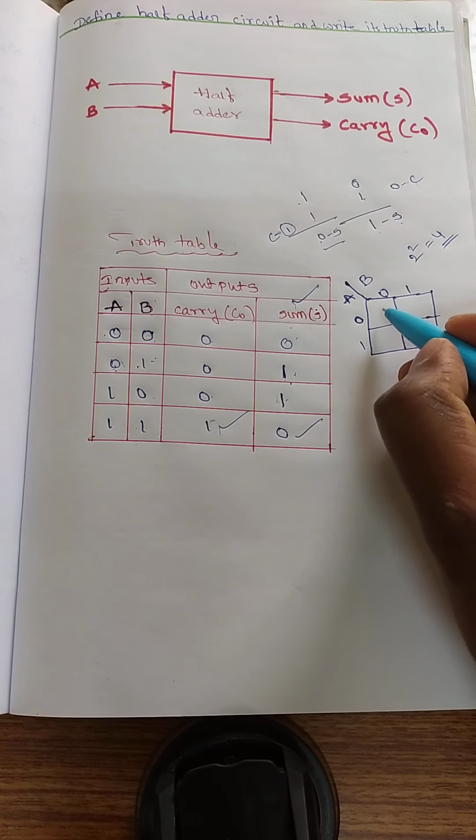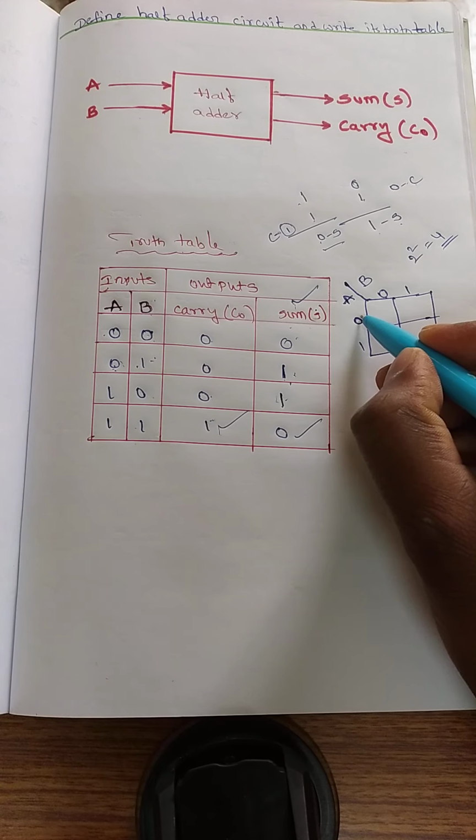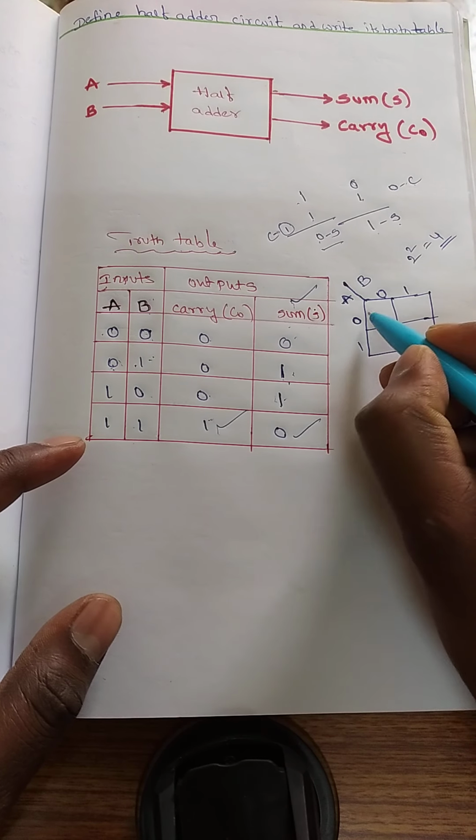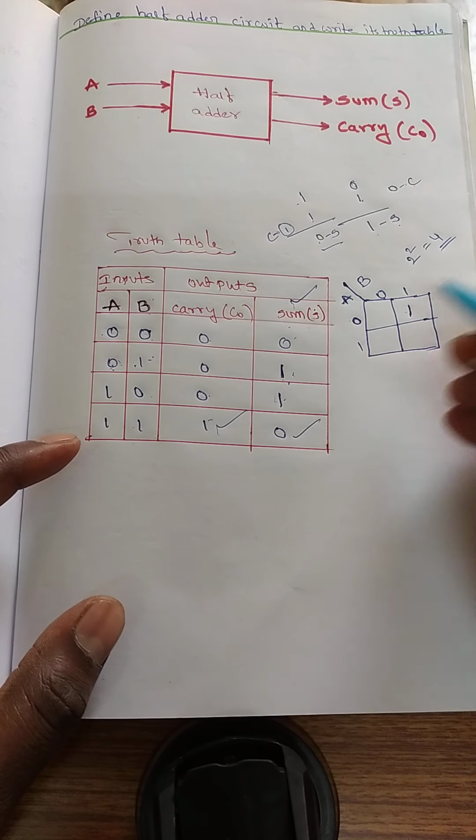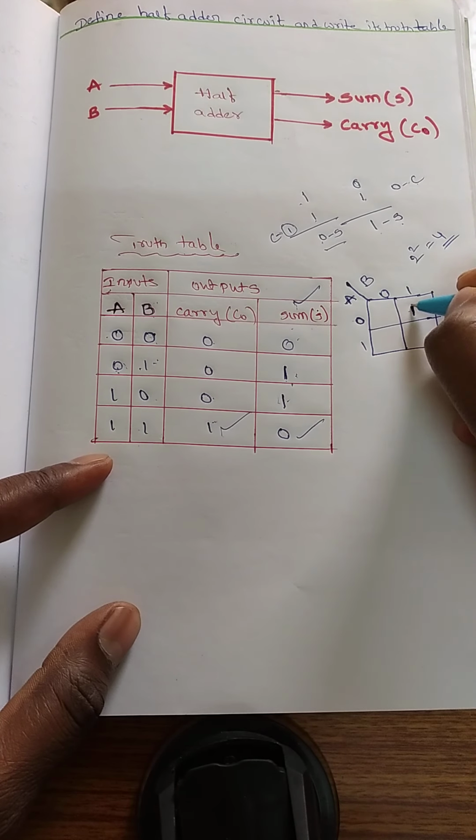So A is 0, B is 1 in this case, then you have to draw 1 here.